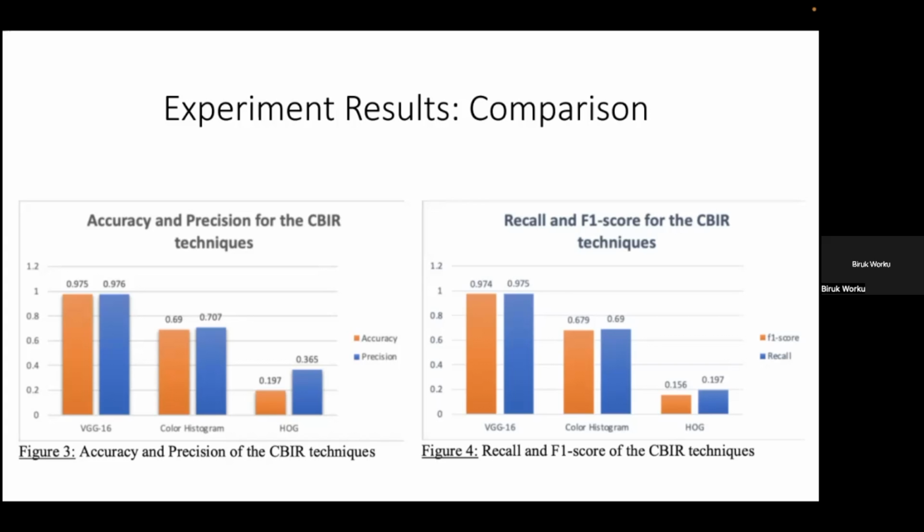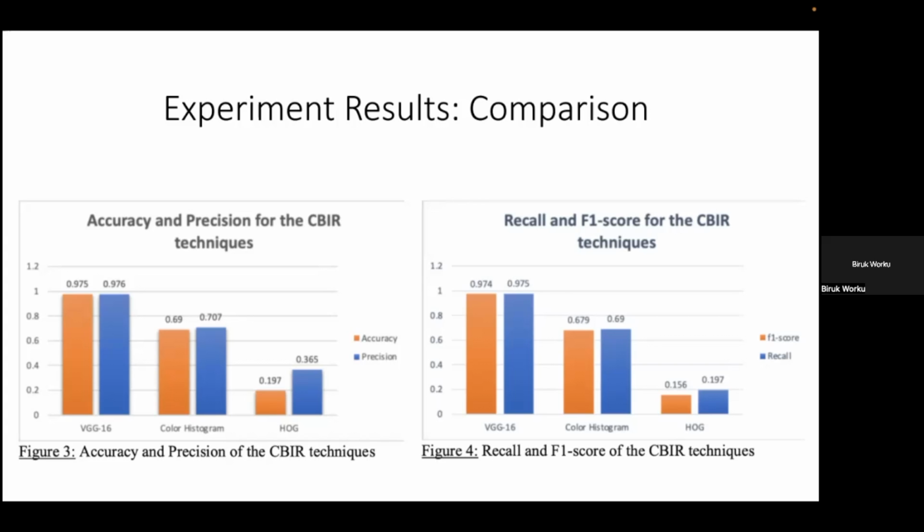Color histogram performed with intermediate accuracy at 0.69. Similarly, when it comes to precision score, VGG16 has the highest precision score, whereas HOG has the lowest precision, with color histogram performing in the middle.